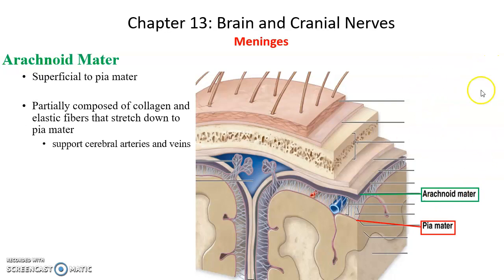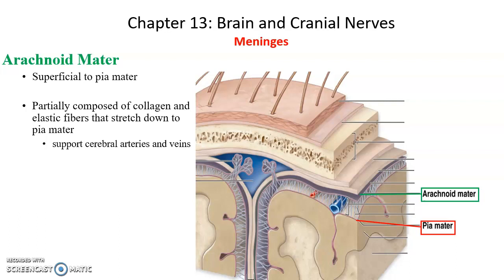The second meninx is the arachnoid matter, as shown here. The arachnoid matter is superficial to the pia mater. Arachnoid matter is composed primarily of collagen and elastic fibers, forming a sort of dense connective tissue.